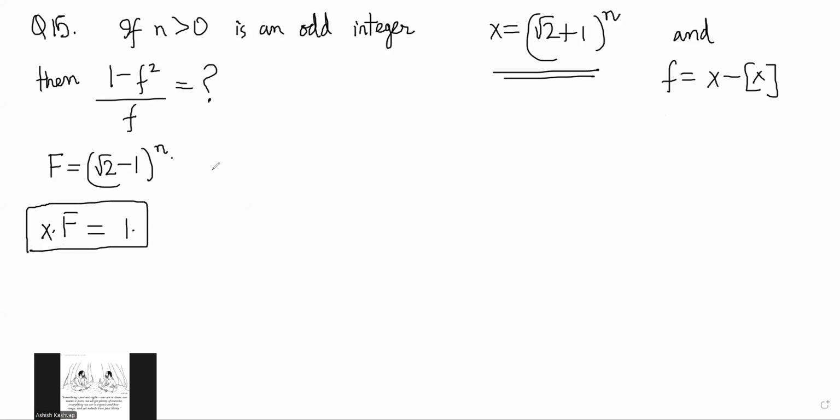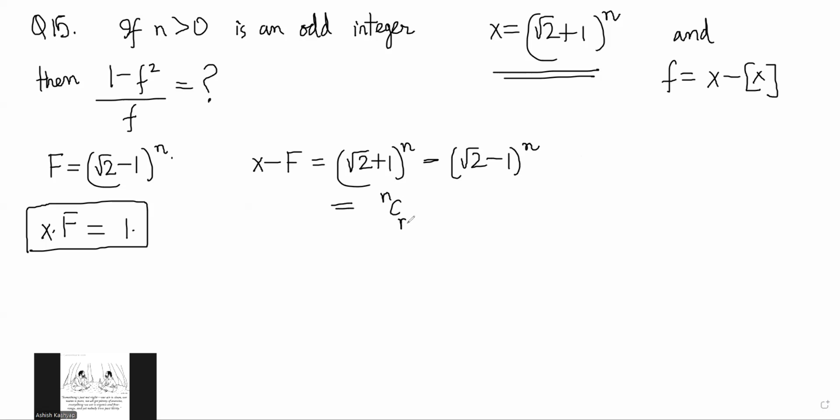And if I subtract x minus F, right? So I'm going to do root 2 plus 1 power n minus root 2 minus 1 power n. So think about what will be the terms.